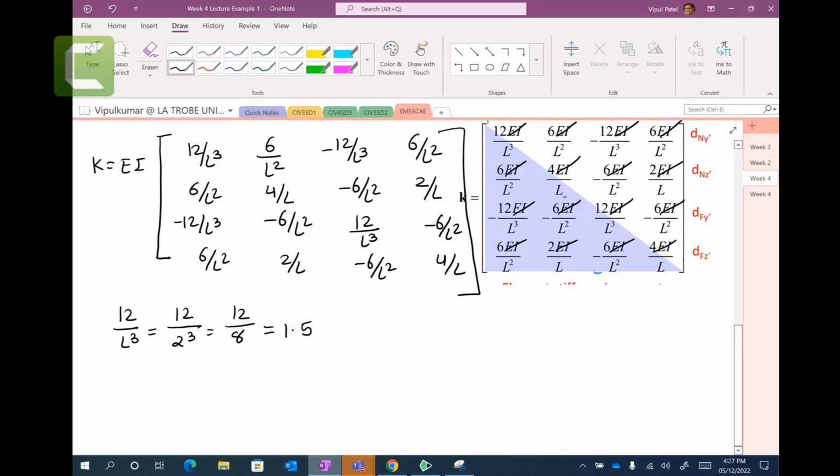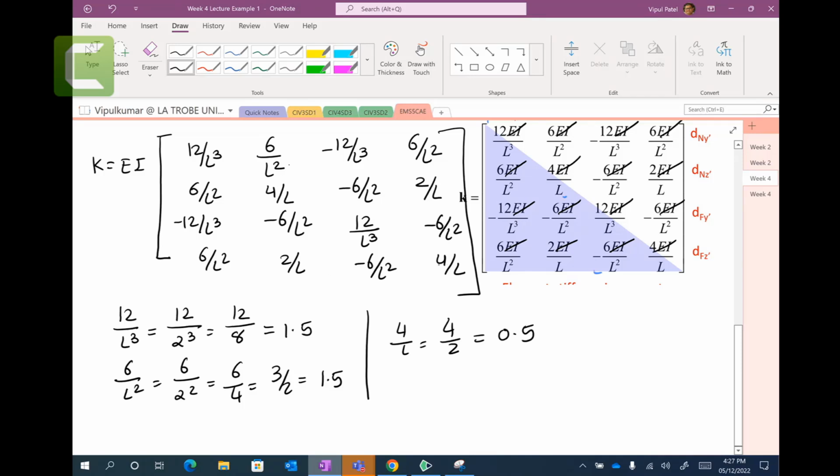You with me? 6 on L square: 6 divided by 2 squared, 6 on 4, 3 on 2, 1.5. 4 on L, 4 divided by 2 is 2. 2 on L, 2 divided by 2 equals 1. I just did all these elements very quickly.